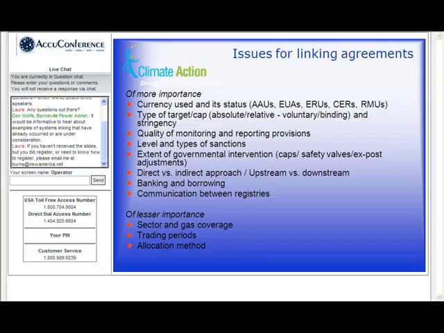Banking and borrowing. Well, the European system had limitations on banking to begin with between the first phase and the second phase. And given our experience where there was over-allocation, this was vitally necessary. However, from 2008 onwards, banking is guaranteed indefinitely. We think this is a sound design feature.